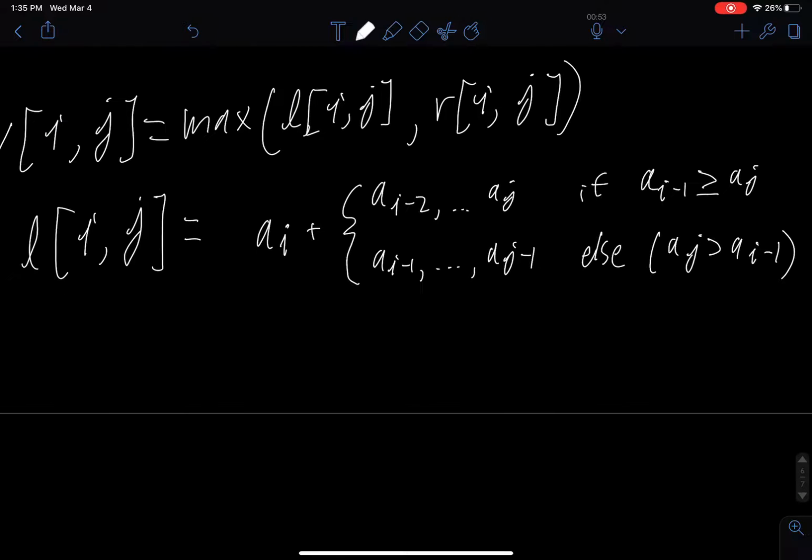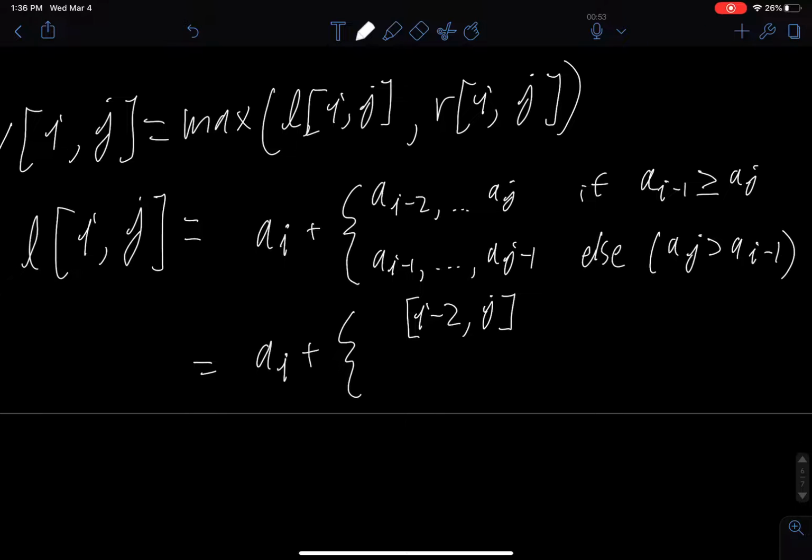Now, we'll write this down a little bit more explicitly. Our condition for V sub ij, we'll say it's equal to a sub I plus, we're really just rephrasing right here, V sub I minus 2 through j, right? Sorry, not L, V. Just because we chose to go left when we were looking at Ij, doesn't mean that we have to choose to go left again when we're looking at I minus 2 through j.